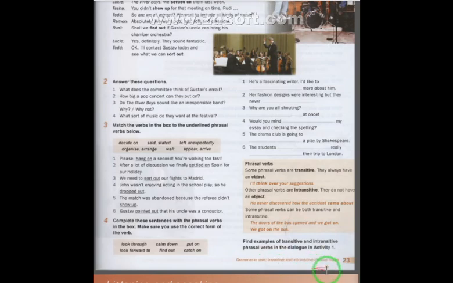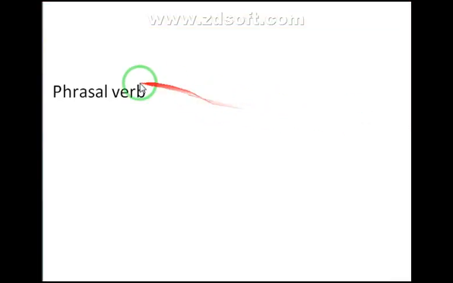All of us know what's the meaning of phrasal verbs. Phrasal verbs, the verb that contains two parts, a verb and preposition. Okay? Let's give you more details. You have to know that phrasal verb consists of verb plus preposition.